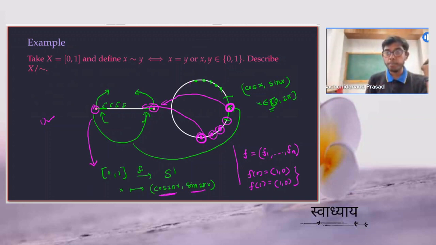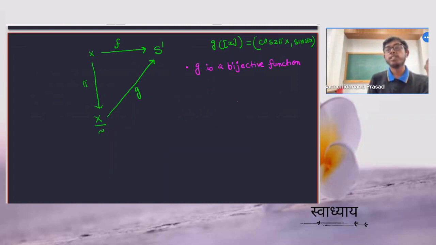So for every point on the circle, I have a unique pre-image in the quotient space, and therefore G is a bijective function. I encourage you to discuss this fact. So we got a bijective function from X mod tilde to S1 such that G is a continuous function.